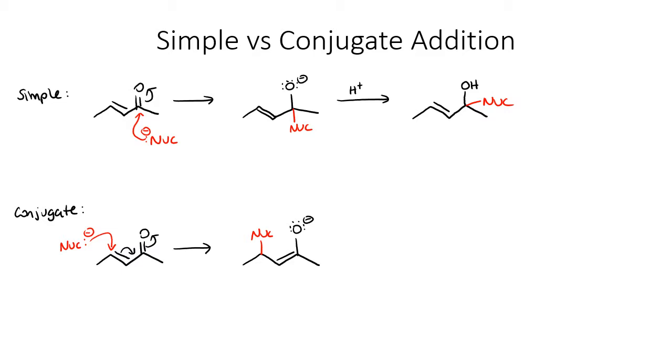Now at this point, if we supply a proton source, we will protonate that oxygen. And now we have an enol product. We've learned that enols are capable of tautomerizing to ketones.